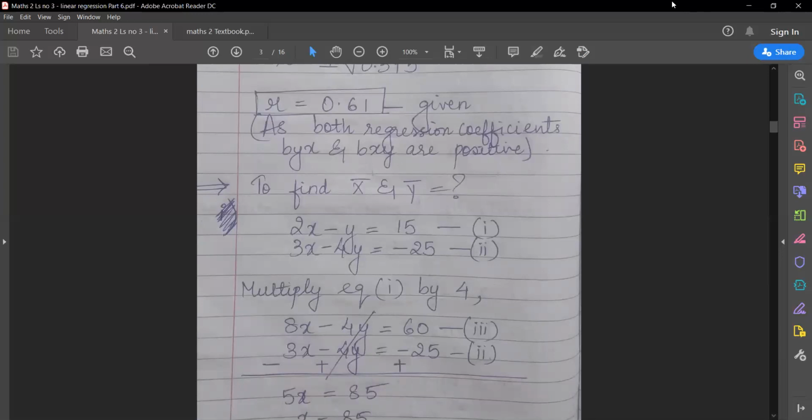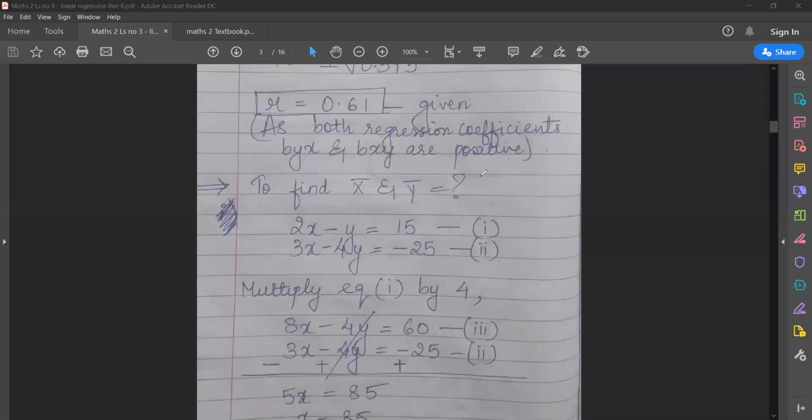In our previous standard, 11th standard, in the straight lines, we studied that when two lines are intersecting, correct, on a particular graph, that intersecting point has some point on y-axis and some point on x-axis, correct?